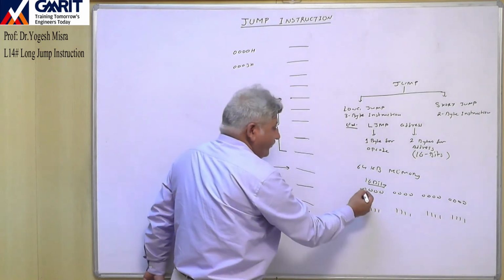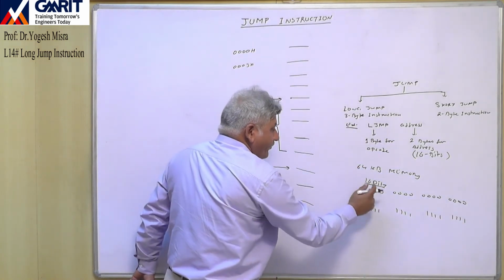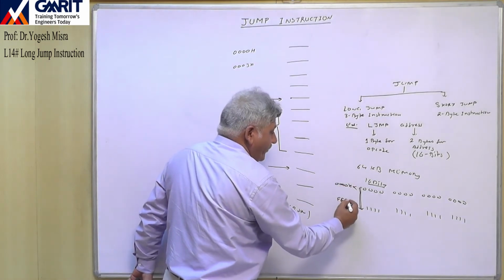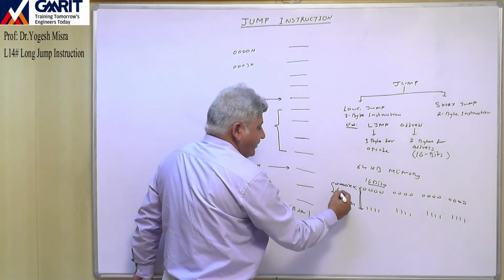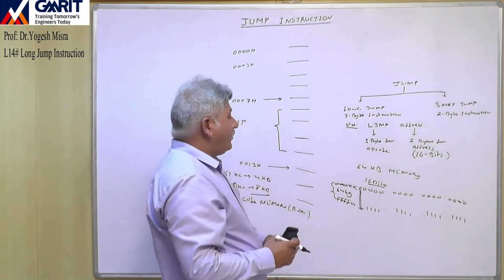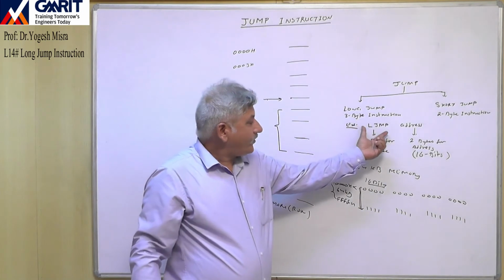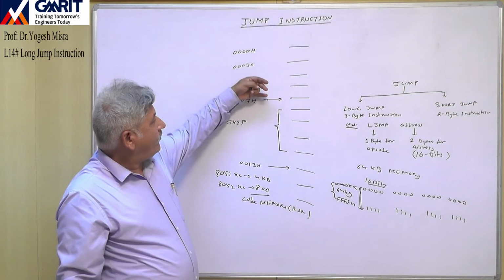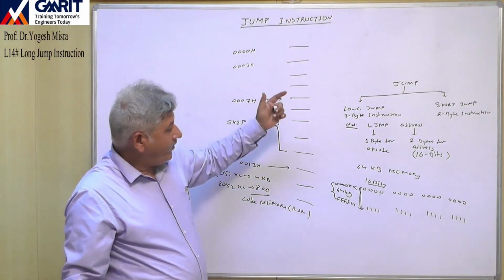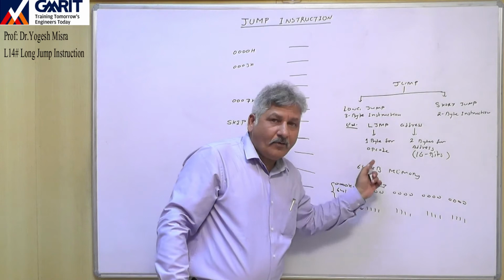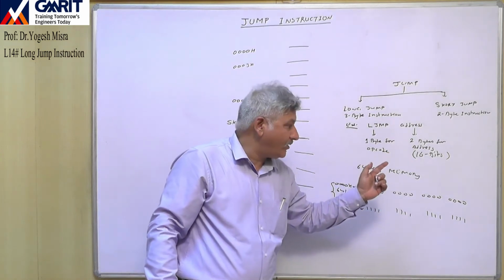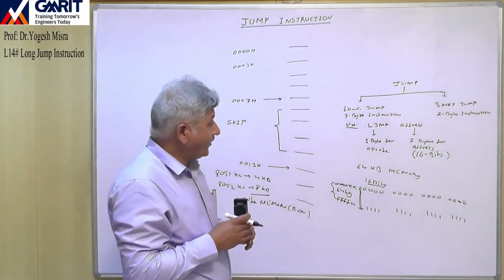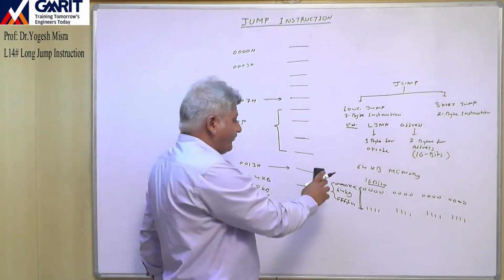So with 16 bits we can give addresses in the range 0000H to FFFFH, and this is your 64 KB. So with the long jump we can shift the sequence of the program anywhere in the 64 KB memory map. But in case of short jump, we do not have that flexibility, which we will discuss afterward.